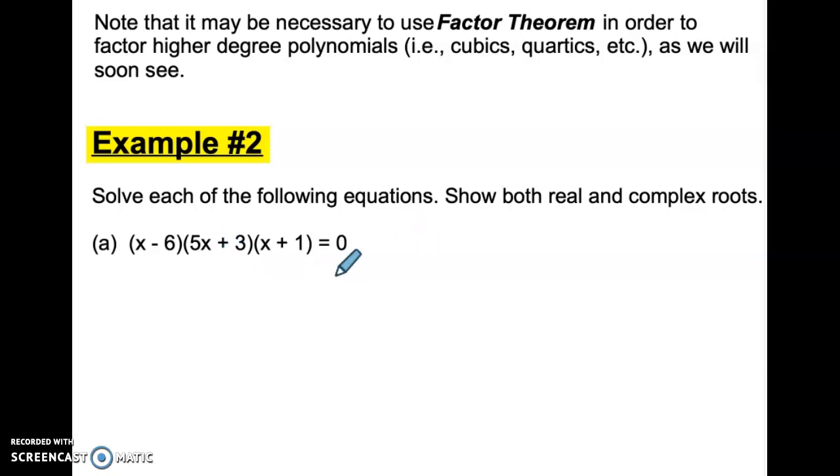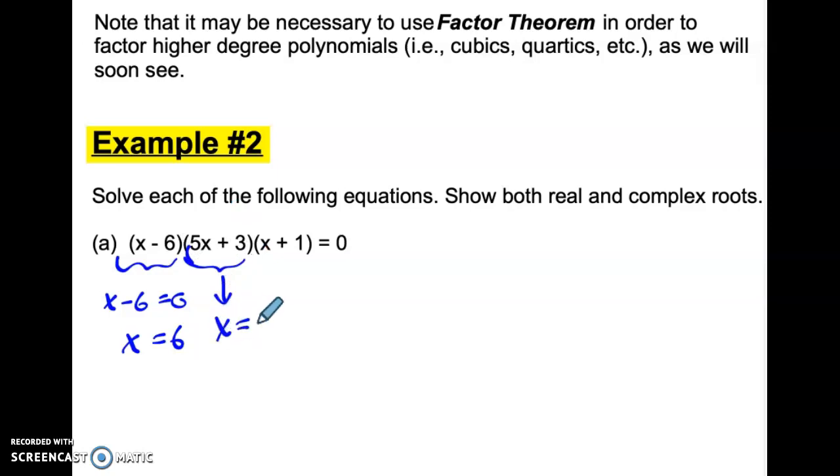So here's our first equation. They already put it in factored form for us, and they're asking us to solve for both real and complex roots. So because it's already in factored form, what we're really going to do is we're just going to set each bracket equal to 0, and that would get us our roots. You don't need to show that 0 step, because you can just think about what would make each bracket 0.